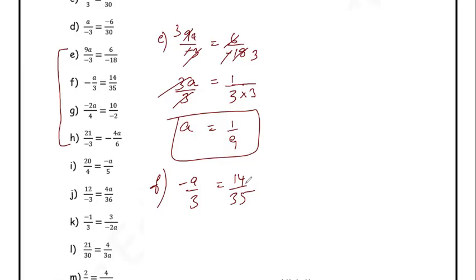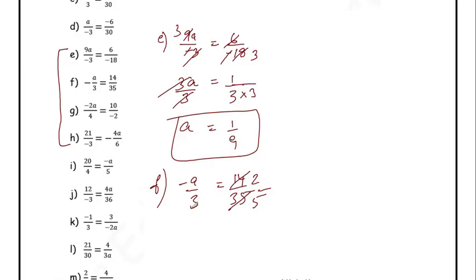So 14 and 35 are both multiples of 7. So 7 goes into 14 two times. Or you can write 7 times 2 and 7 times 5. 7, 7 goes. So this step you can ignore now since you've already practiced a lot. You can simply say 7 goes into 14 two times, 7 goes into 35 5 times. So you got 2 over 5 on the right hand side.